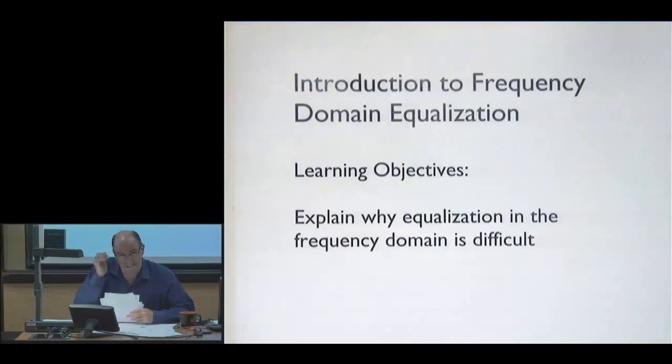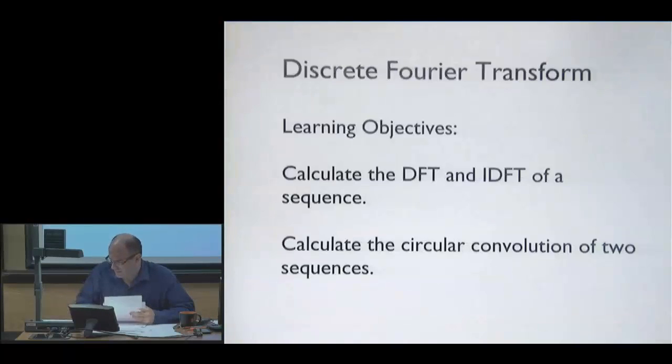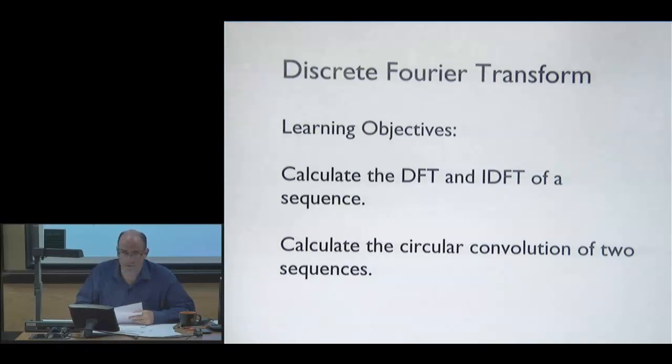Then we explained why frequency domain equalization is hard, since the DTFT is just not suitable for these kinds of calculations. And finally, we motivated the DFT. You should be able to calculate these DFTs and circular convolutions, and you will need to know the properties in the tables if you don't know them already. You will need to know how to use the DFT in other problems as well. All right, that's it.